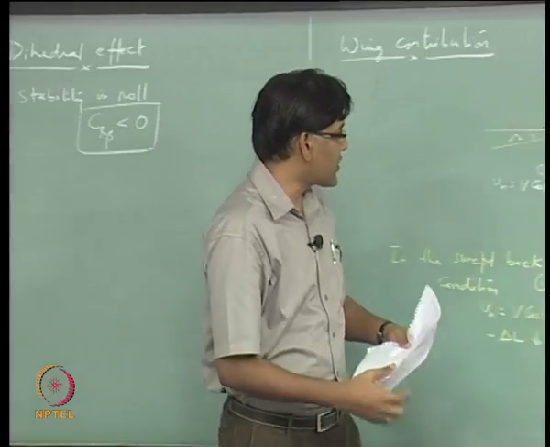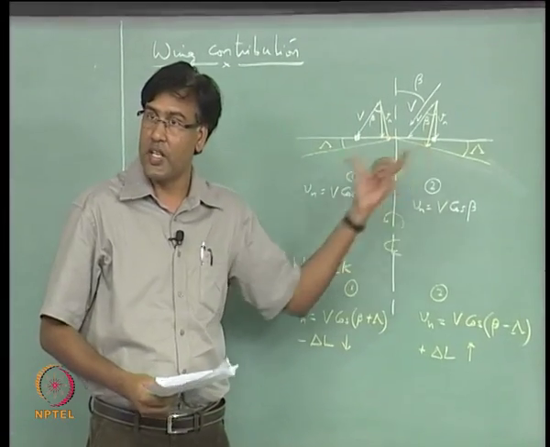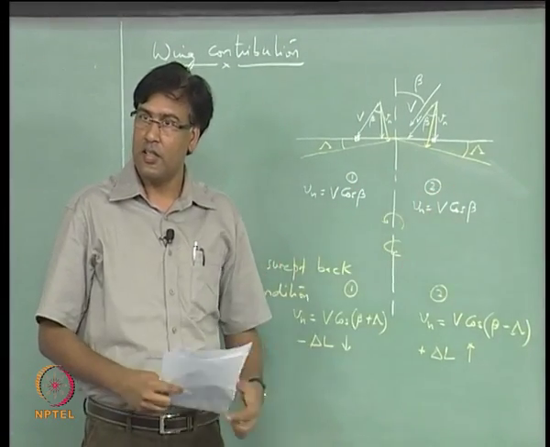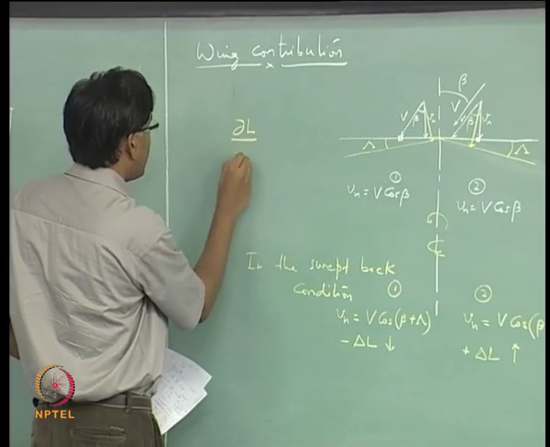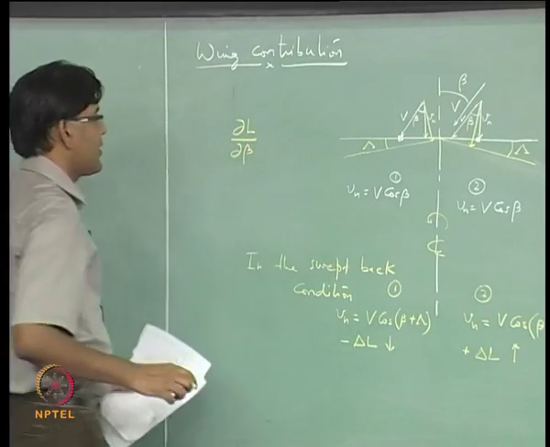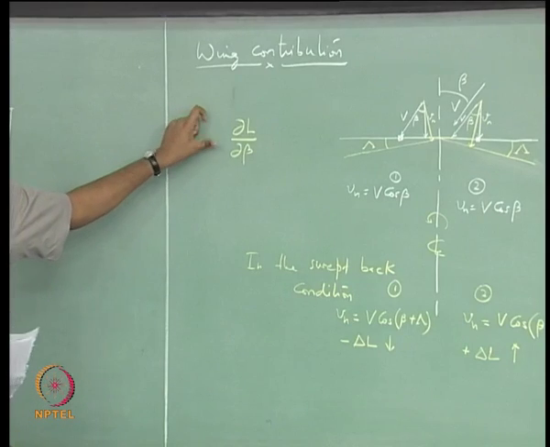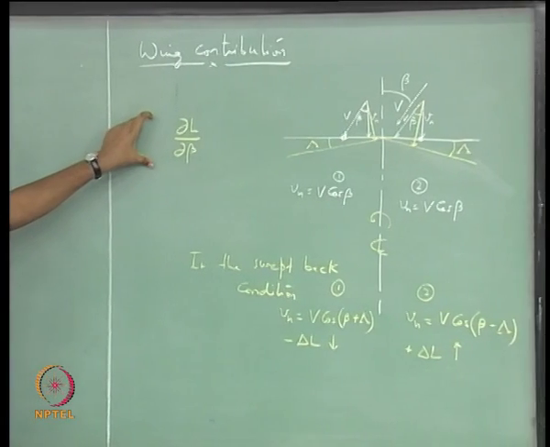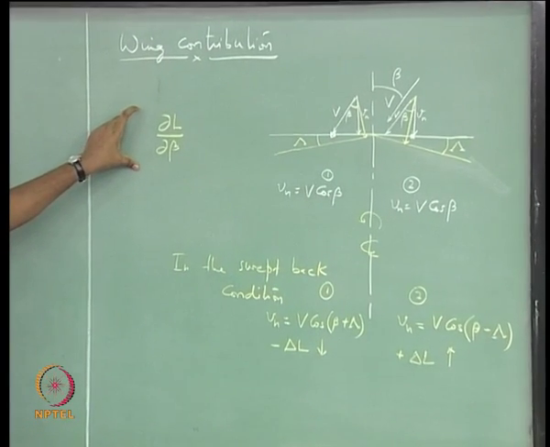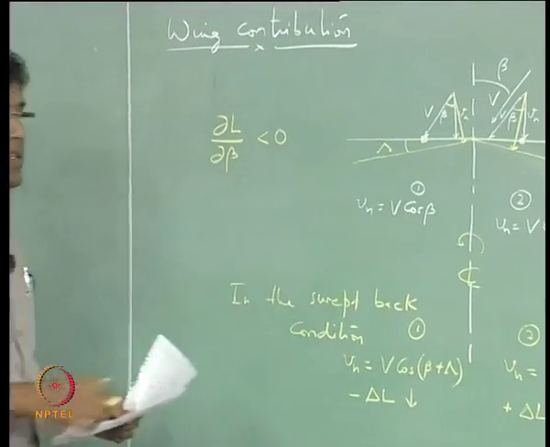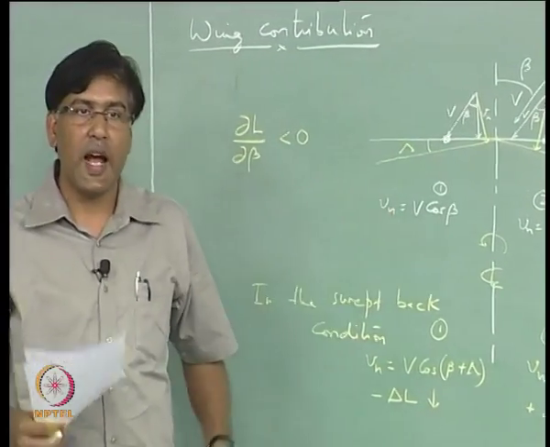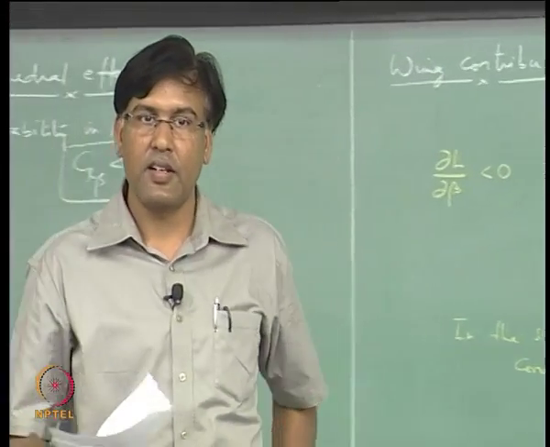So this arrangement is actually giving me a negative roll for positive beta, right. So if I want to write this, this should be negative for this particular case. So wing sweep is actually adding to the dihedral effect, that is what we say.